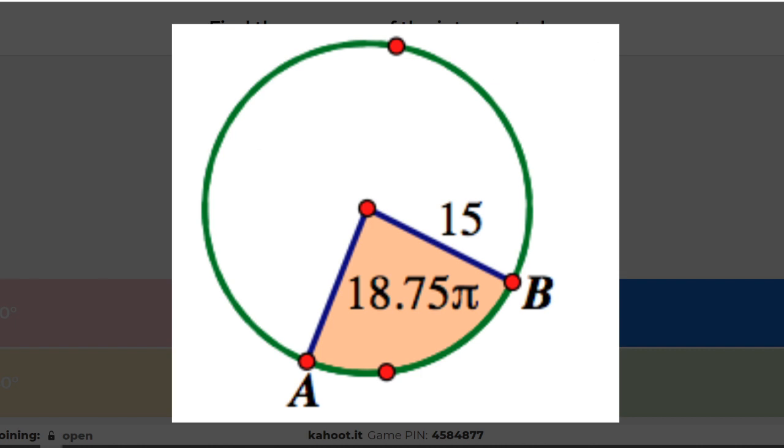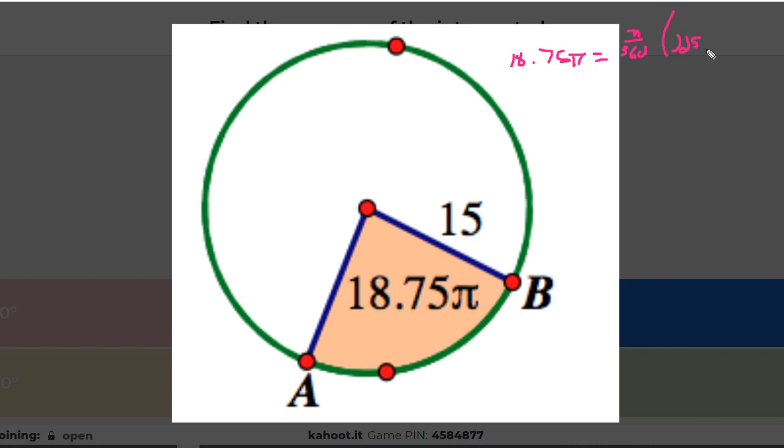Here, let's try that one more time. And then if not, it's the problem's fault. Alright, so 18.75. Maybe when I multiplied the first time, maybe I did it wrong. Equals the measure that I'm looking for over 360, and then 225 pi.